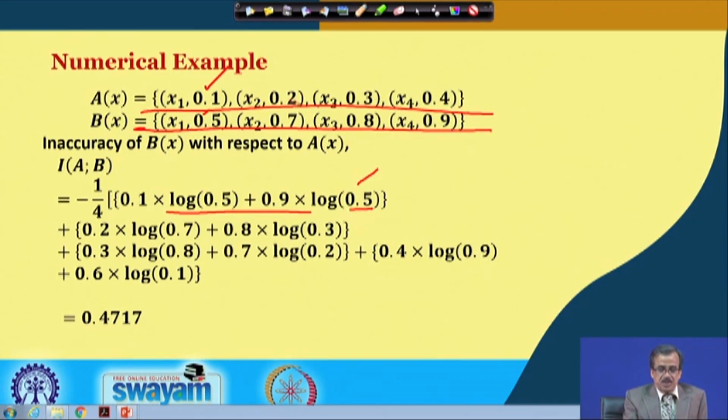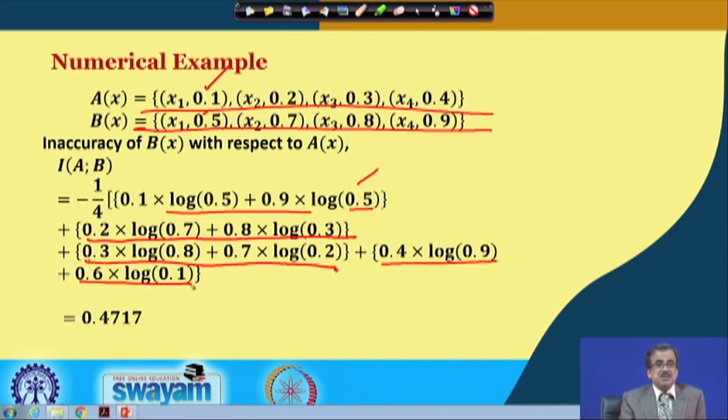Similarly, corresponding to x2, 0.2 and log of 0.7, then 1 minus 0.2 is 0.8 and 1 minus 0.7 is 0.3. So we can find this for x2, then for x3, and for x4. Ultimately, if you calculate, you get 0.4717, which is the inaccuracy of fuzzy set B with respect to fuzzy set A.